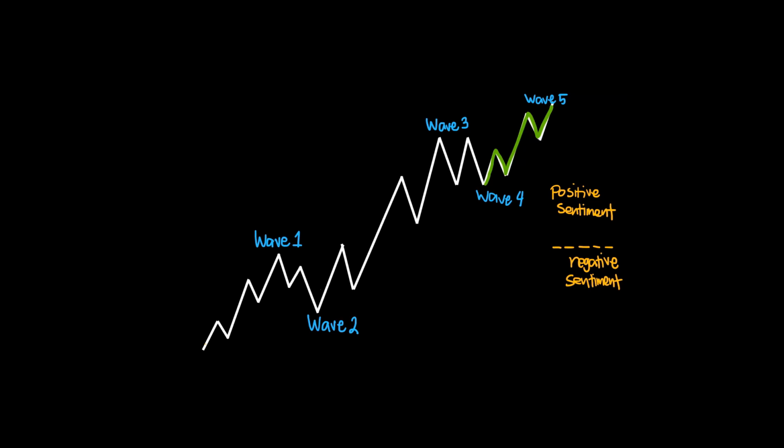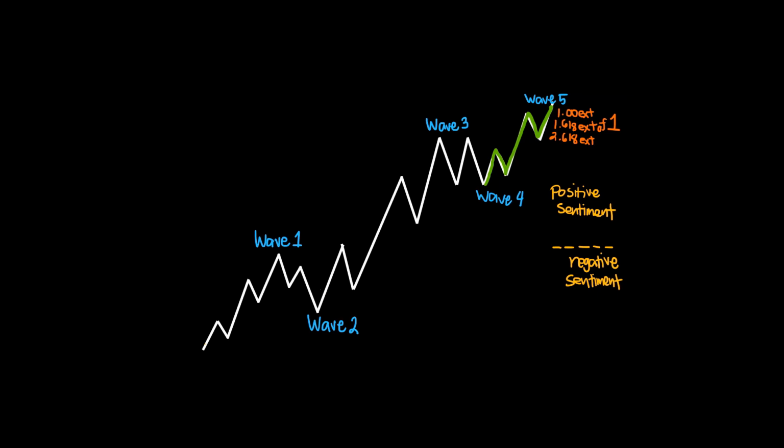That means that wave 5 will either be equal to wave 1, 1.618 times wave 1, or 2.618 times wave 1. Either way, wave 5 will typically end in these resistance levels, and that pretty much ends the bull market or uptrending portion of your Elliott wave sequence.